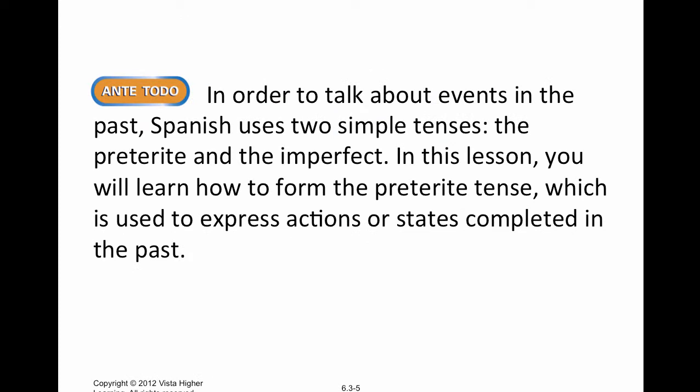Okay? So, ante todo, in order to talk about events in the past, Spanish uses two simple tenses, the preterit and the imperfect. In this lesson, you will learn how to form the preterit tense, which is used to express actions or states completed in the past.